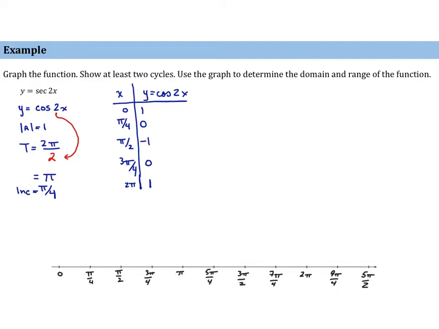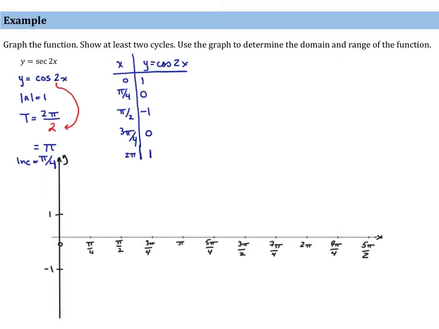And now let's look at where x equals 0, and that will determine where our y-axis is. So now that we have our y-axis, let's go ahead and sketch our cosine function.